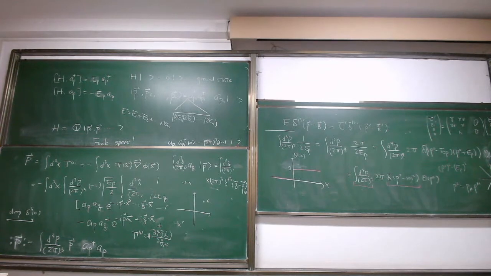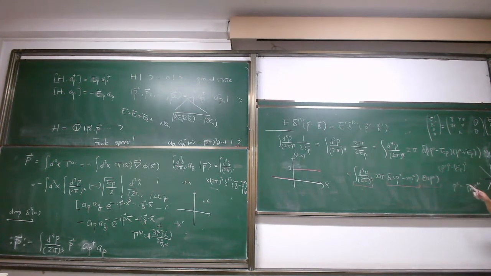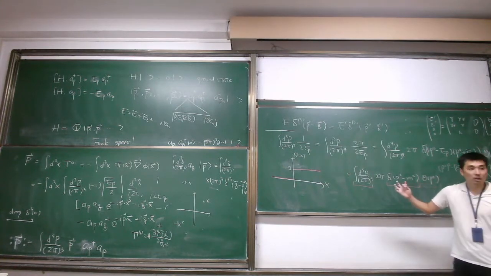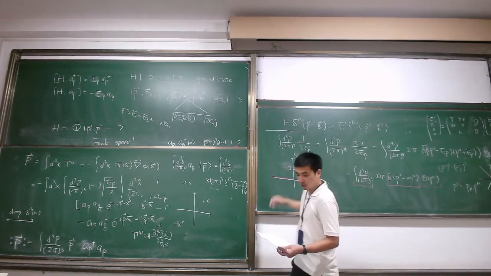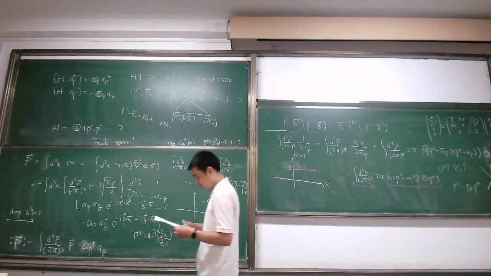The future light cone does not move to the past light cone under the proper Lorentz transformation. Therefore, this is a manifestly Lorentz invariant quantity. So this 1 over 2 EP multiplication is very important.